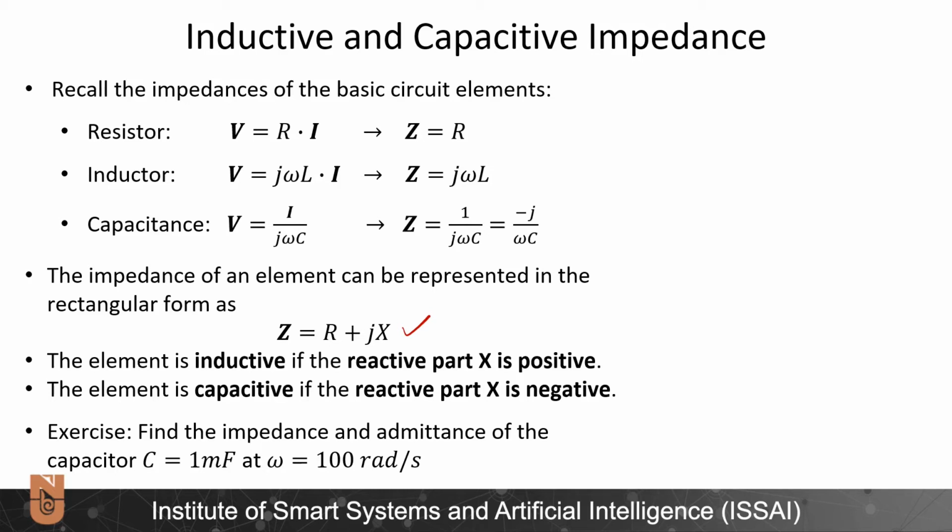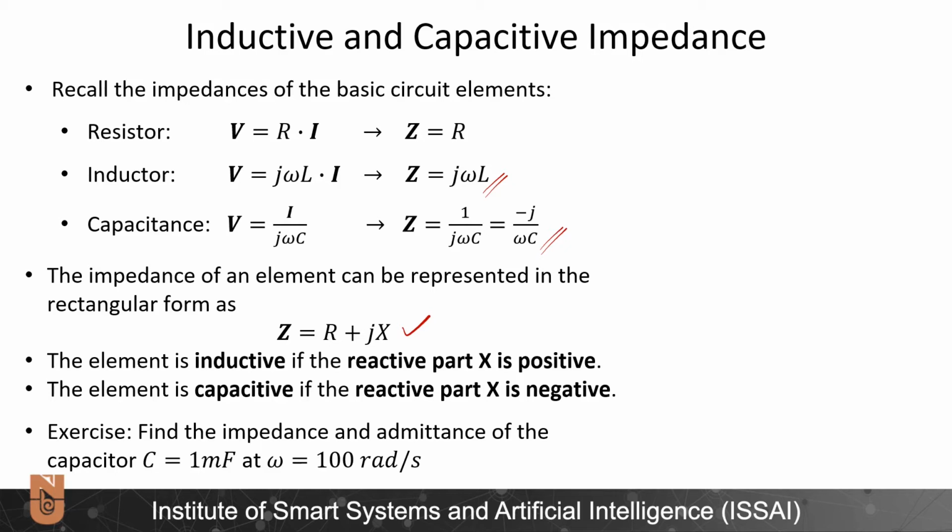We say that an element is an inductive load if the reactive part X is positive, and we say that an element is capacitive if the reactive part X is negative. Because when we look at the impedance of the inductor, we have positive jωL, and for a capacitance, we have negative j over ωC.